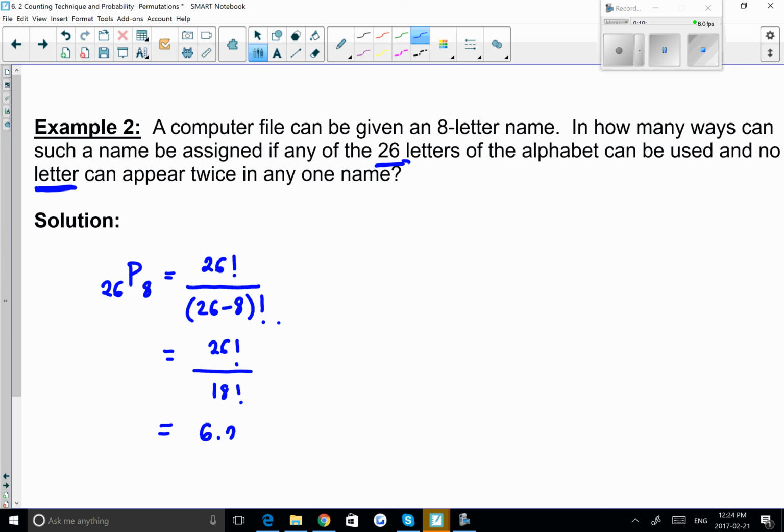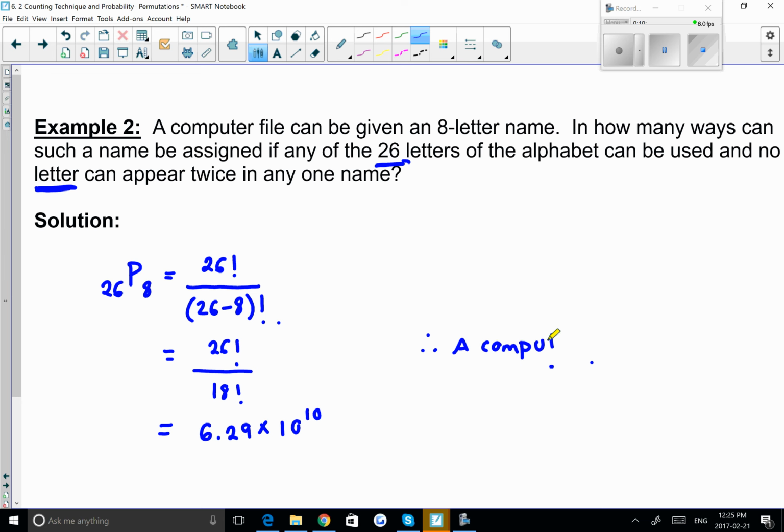It's quite a number of different ways. So again, this is why we wouldn't always want to draw a tree diagram, because this is 6.29 times 10 to the 10. That's the number of ways a file can be given an 8-letter name.